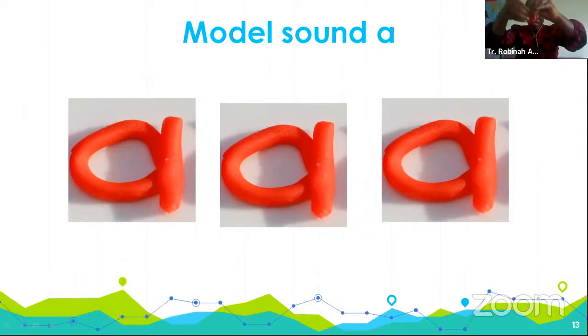You paste it on a piece of paper. After that, you get your standing line and put it there. And there we have our sound A, just like that one you are seeing there.